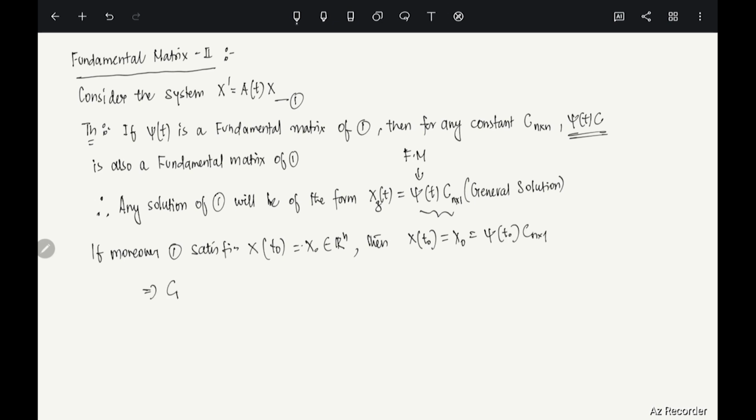That will imply this constant vector is given by phi inverse of t0 times x0.